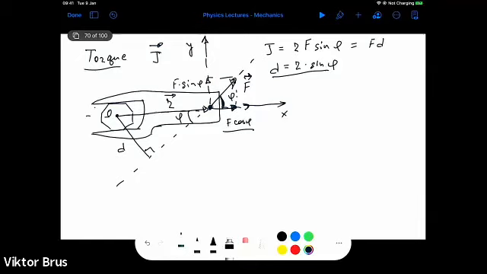It will not have any tendency to rotate the system because it's acting on the same line which goes through the axis of rotation, and then the moment arm will be equal to 0. So that's really important: the orientation of the applied force with respect to the axis of rotation will define the tendency to rotate the system.